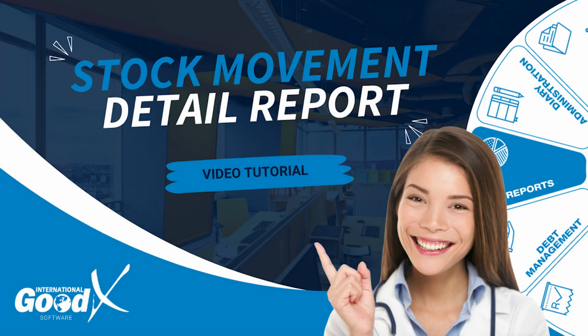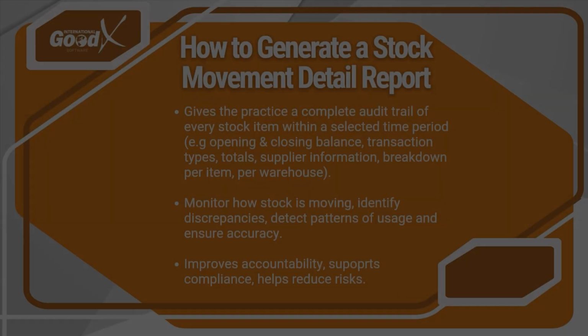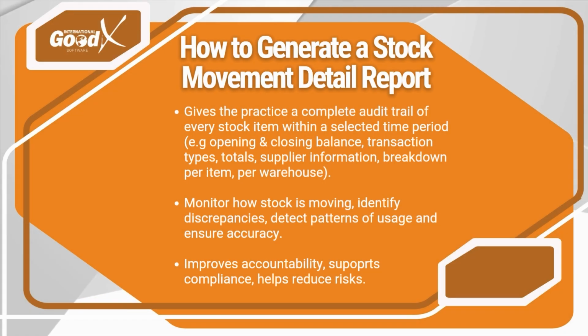The goal of this video is to show you how to generate and use the stock movement report. The stock movement report gives the practice a complete audit trail of every stock item within a selected time period. For example, the opening and closing balances, the transaction types, the totals, the supply information, breakdown per item or breakdown per warehouse.